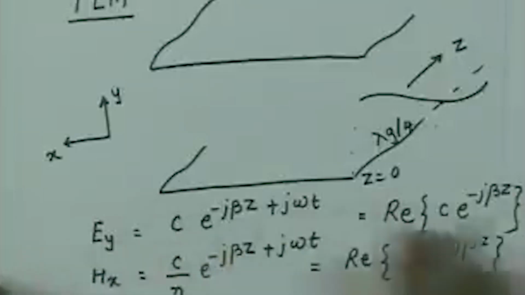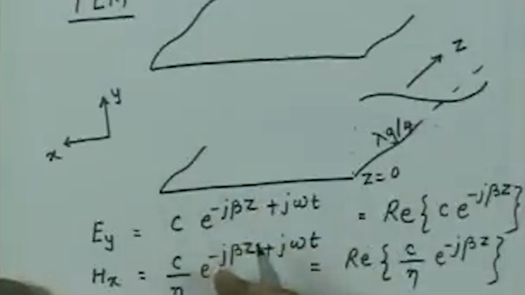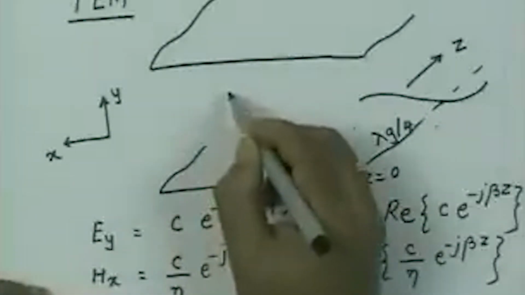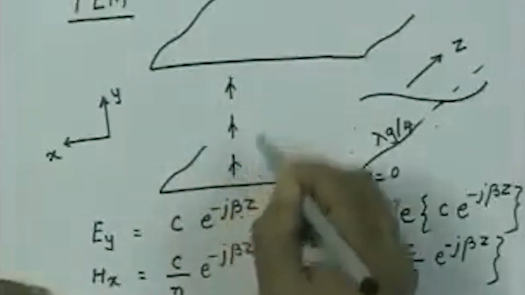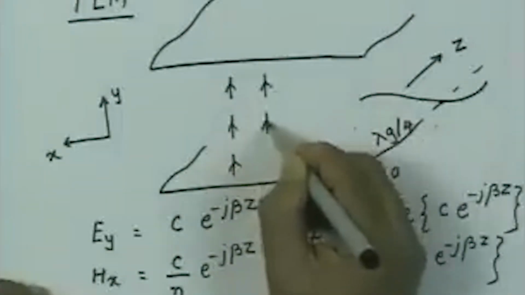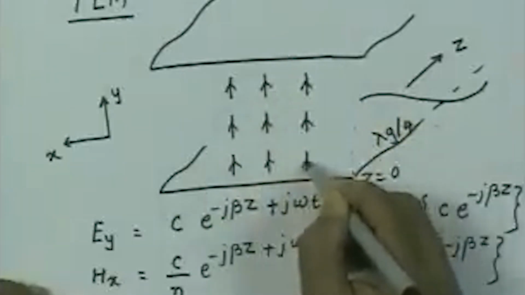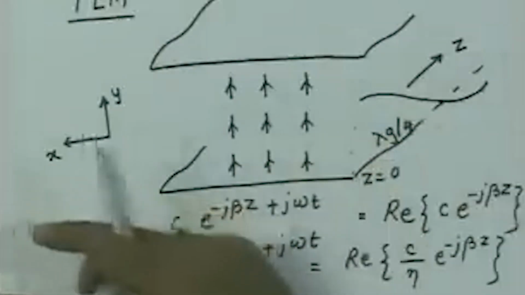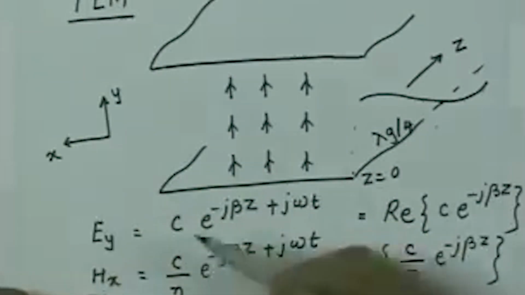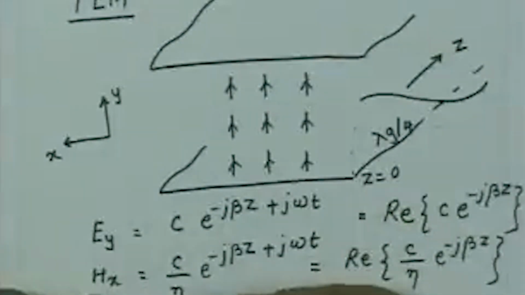So, this field I can now visualize as the electric field which is constant everywhere across x and y. This is the field distribution for the electric field, which is the same everywhere, and so on. The magnetic fields are horizontally oriented, and they again have the same amplitude all across.